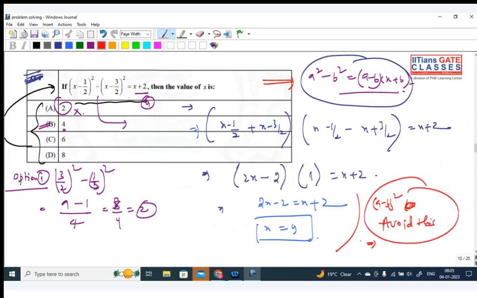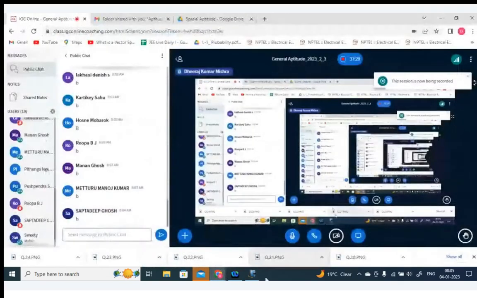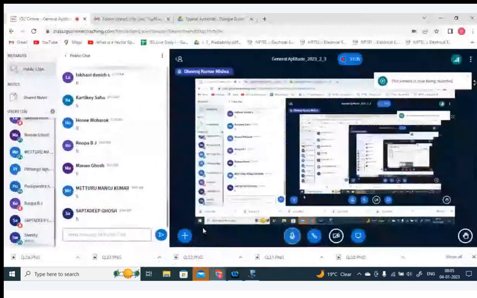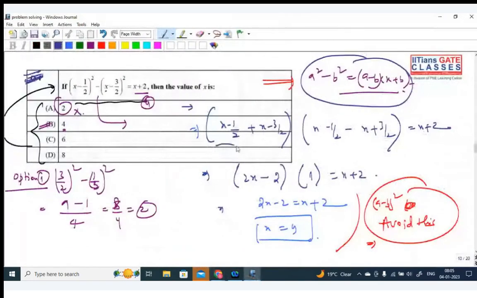Otherwise you will be getting stuck solving quadratic equations, right? Understood? Or you can open also using that, because x square will be getting cancelled, so you can also use that, but I think direct is easier.